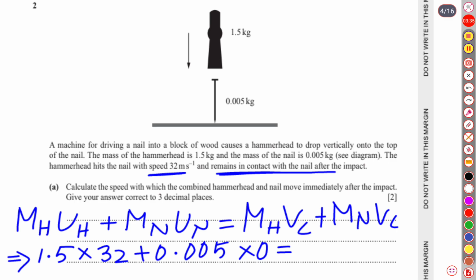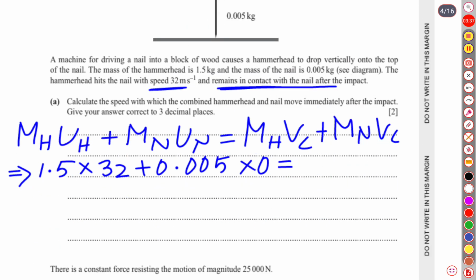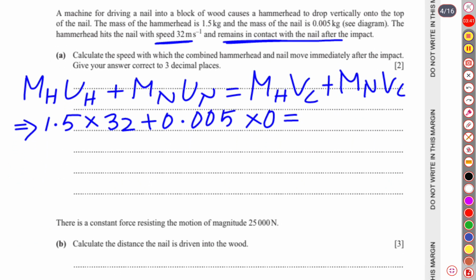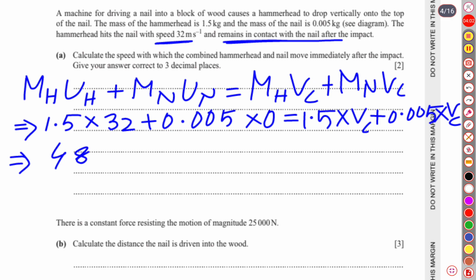Then the mass of hammerhead is 1.5 kg, so 1.5 times 32, and the velocity of the coalesced or combined object, plus mass of nail 0.005 into velocity of the combined object. If we multiply 1.5 by 32, it is going to be 48, equal to 0, then 1.5 plus 0.005, so this is going to be 1.505 times the velocity of the combined object.